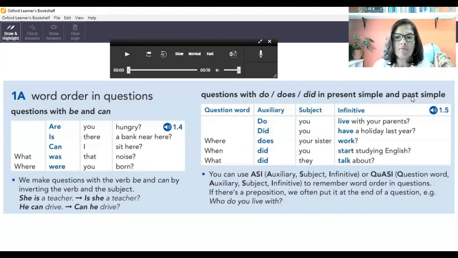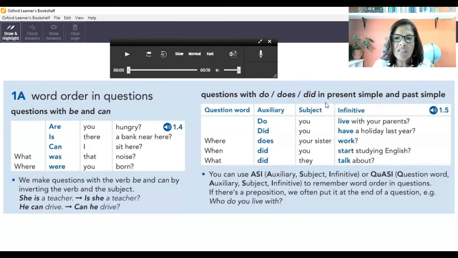Very good. Now, here, questions with do, does, and did in the simple present and past simple. So look at the order here. It's the same order I showed you there. Question word, the WH, the auxiliary, the subject, and the verb. Look at the verb here in the infinitive. And then you have the complement. What is very important is that you get the order right.